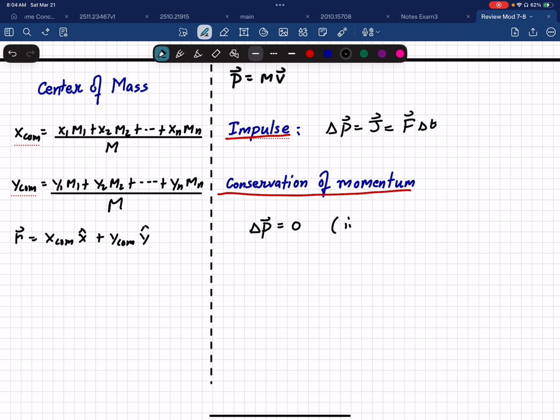This is for an individual system or object, if there's only one object in the system, or if the entire system comprises many small objects, then this goes to the change of center of mass momentum. So this is basically your entire module 7.